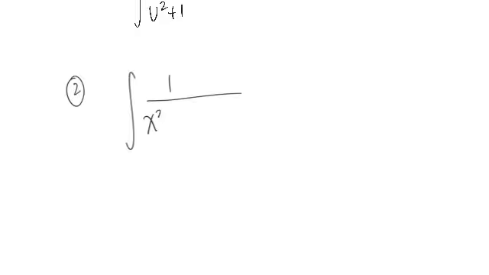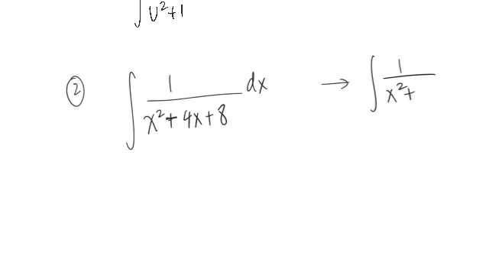You might have a situation that looks like the integral of 1 over a quadratic on the bottom. But this quadratic has to be worked on to get it into a format that allows us to use our arctan formula, right?